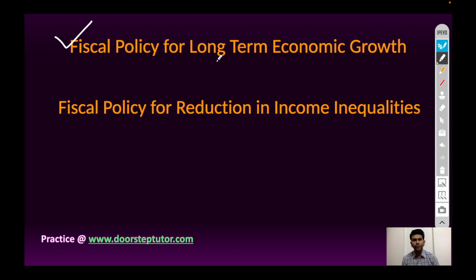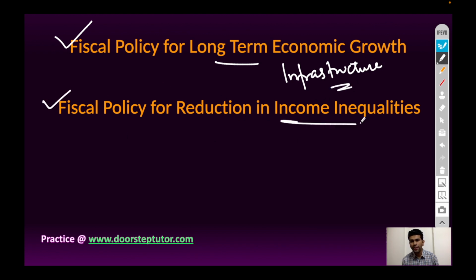Fiscal policy for long-term economic growth. Long-term economic growth can be achieved by increasing capital expenditure, that is, investing in infrastructure projects. Next, fiscal policy for reduction in income inequalities.